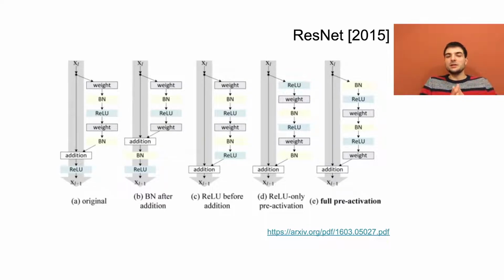And why do we have this slide here? The reason is relatively simple. To show you that when people are designing new architectures, they are looking for the best architecture not by solving some optimization problem out of the box, but by experimenting a lot.